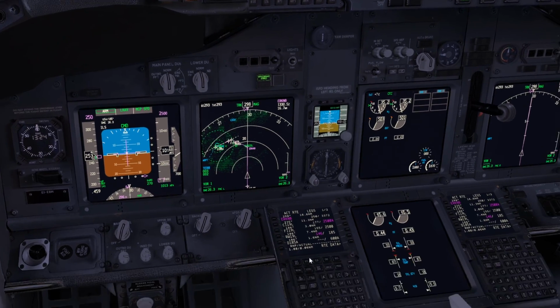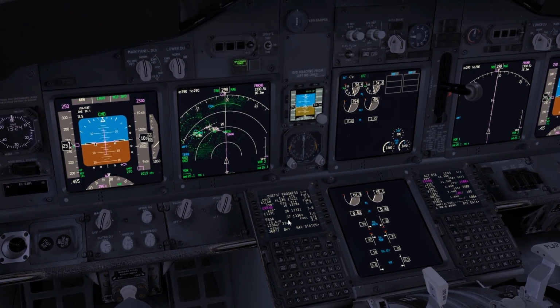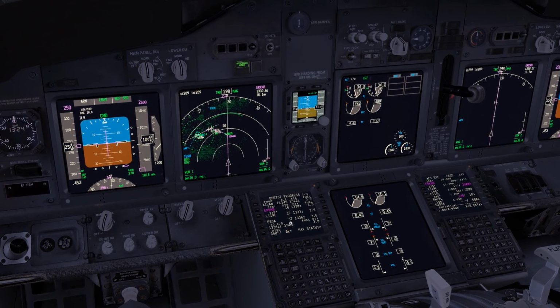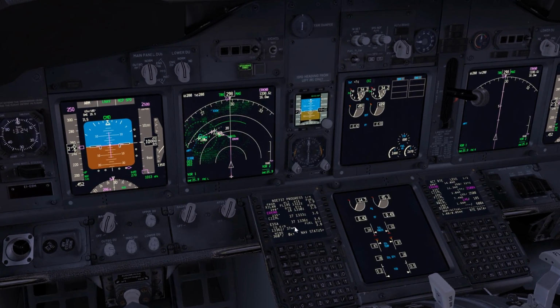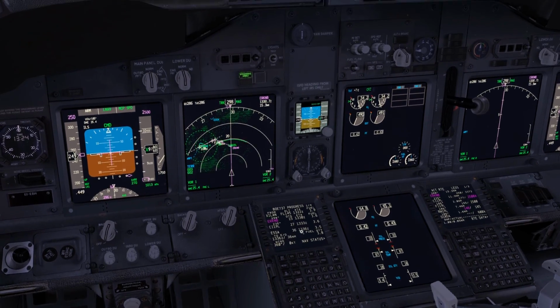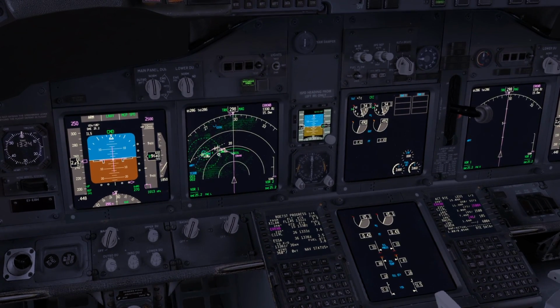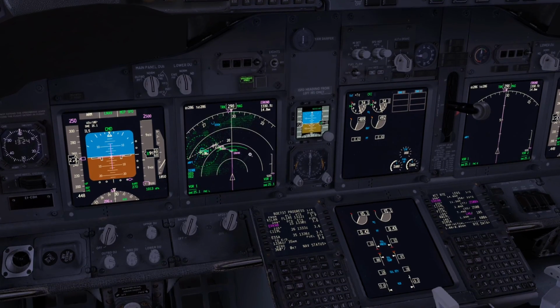Okay, now 10,000 feet, we have about 37 track miles there, and as I said before in the video, you should be at approximately flight level 100 at 35 miles. And you can also see here we'll be at altitude 2500 at the green arc.